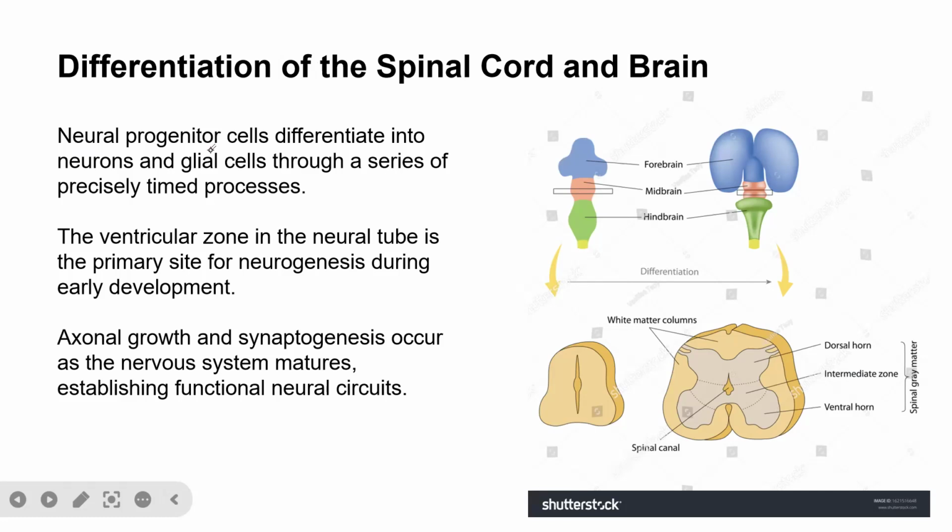So this is where neurogenesis takes place. And then axonal growth and synaptogenesis occur as the nervous system matures, establishing functional neural circuits. So you see, the axonal growth and the synapses, that is the formation of the axon and the synaptic clefts, or synaptogenesis, occur as the nervous system matures, establishing functional neural circuits.